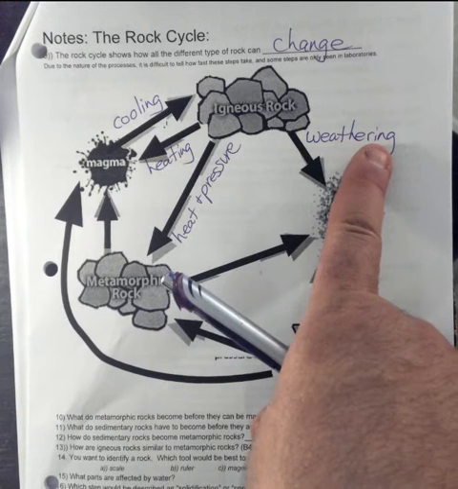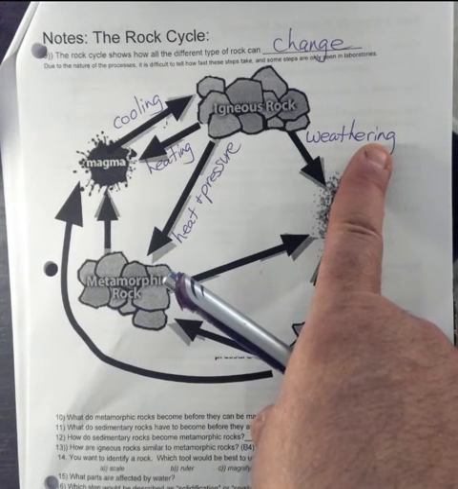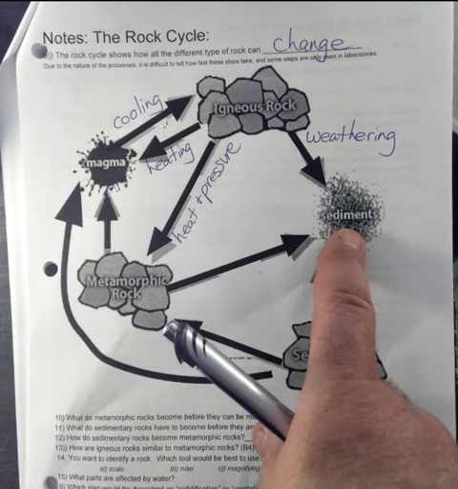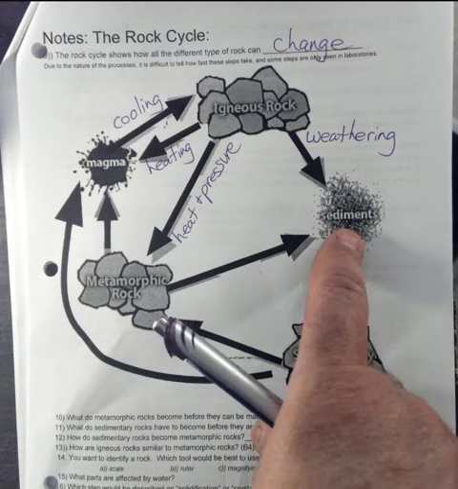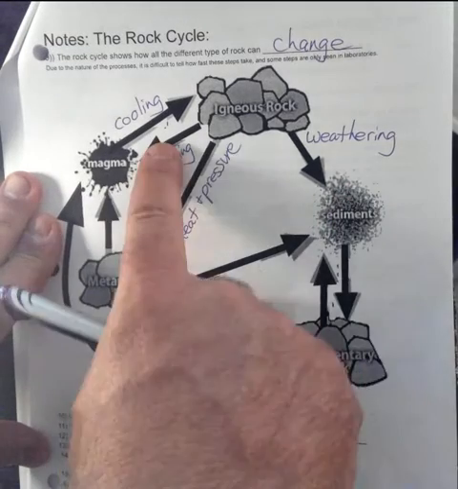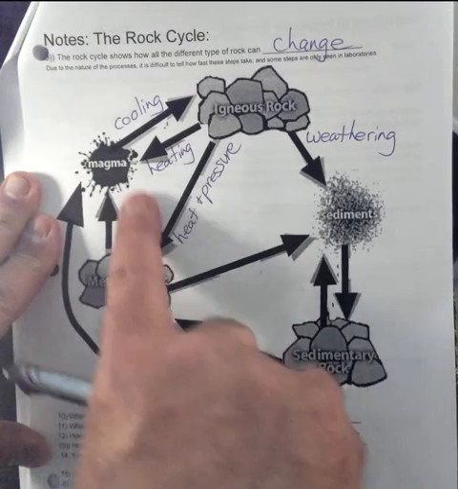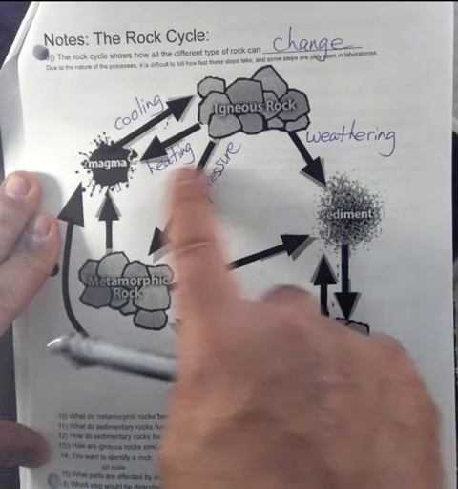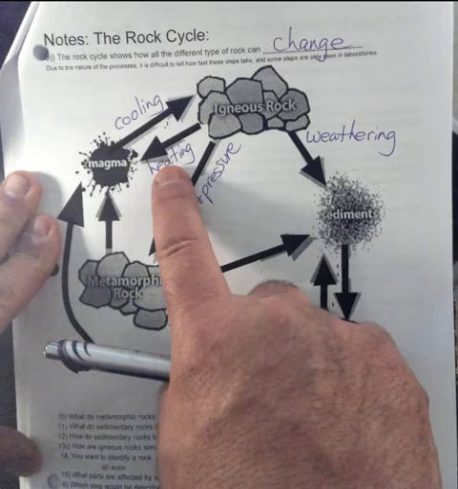A lot of people get confused with erosion here. Erosion is the movement of sediments. The making of sediments is weathering. Okay, so that's how igneous rock can change. Heating, or heat and pressure, or weathering. By this heating, I mean completely turn into liquid.